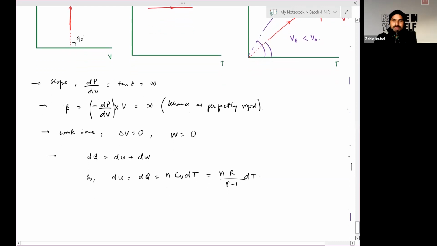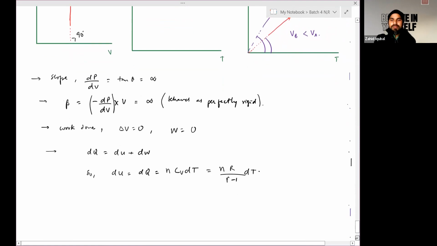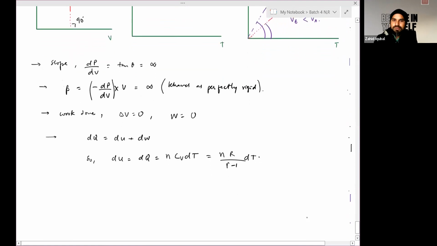Now there will be a question related to this part. I defined two molar specific heats for two different processes: Cp for the isobaric process, and Cv for the isochoric process. The first question is, what is the relation between Cp and Cv?